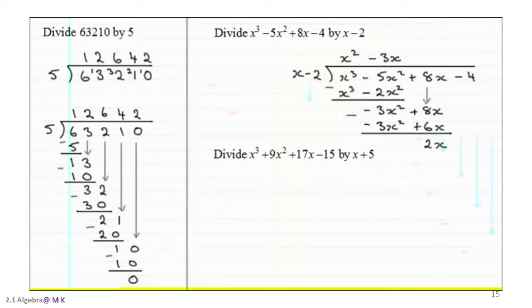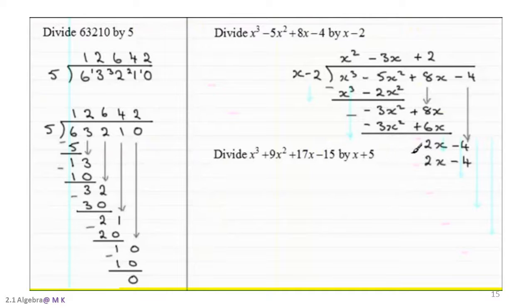Okay, welcome back then if you did carry on with this. So what we do then is we bring the minus 4 down, so we just put that there, minus 4. And what do we multiply x by to give us 2x? Well, it's plus 2. 2 times x minus 2 gives us 2x now. 2 times the minus 2 is going to give us the minus 4.